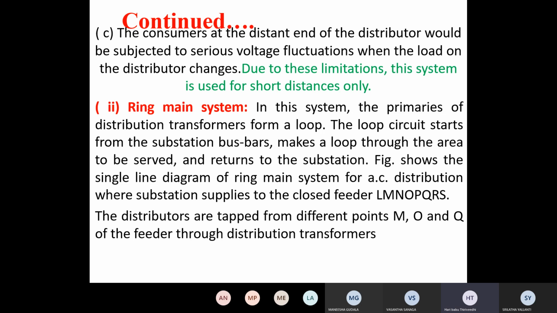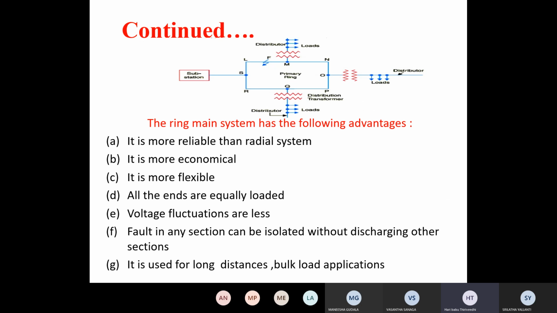So look at the figure. This is the ring main system. The substation starts from here, one distributor goes here, another comes here, and it ends at S only. Suppose a fault occurs between L and M. There is no complete shutdown, whereas in a radial system, a fault at any stage of the feeder may shut down the total supply.